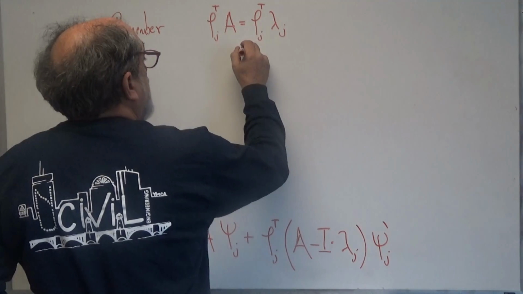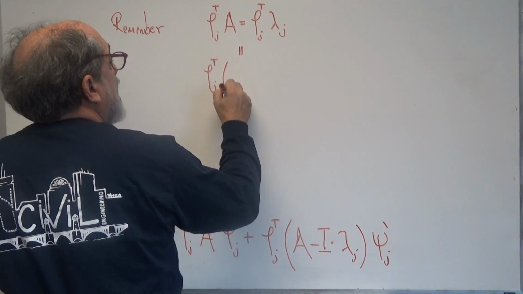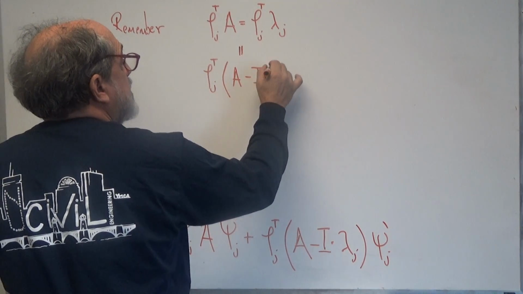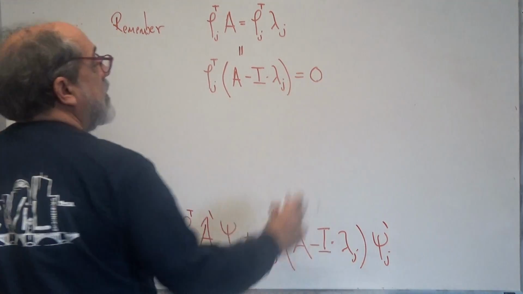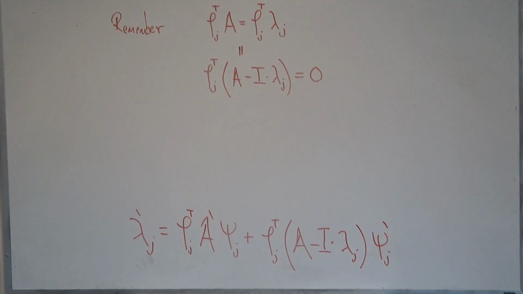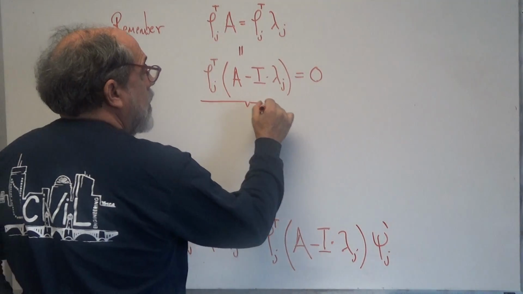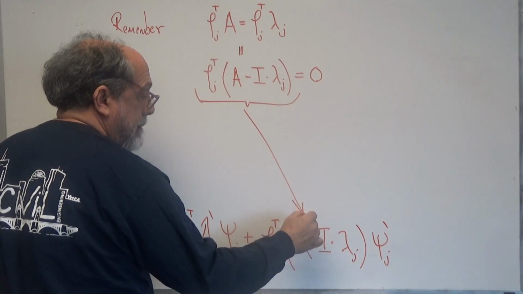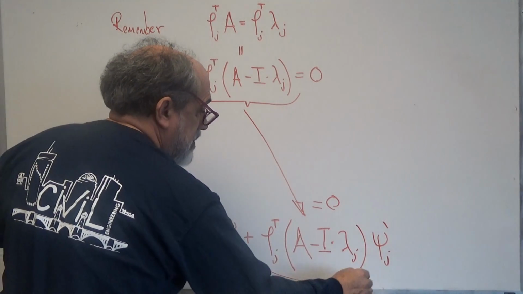From here, it implies that Cj transpose, common factor of A minus the identity times lambda j, is equal to 0, right? Now, from this thing here, we can see that this term is equal to 0 because of this part, right?